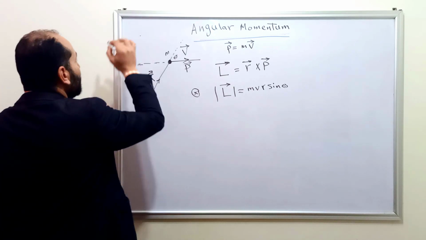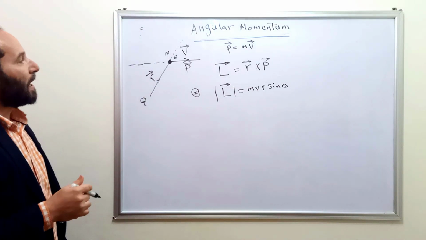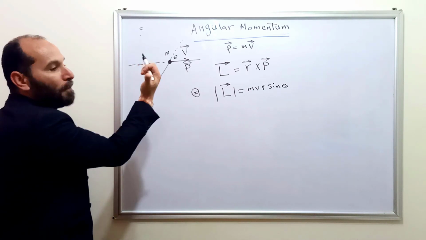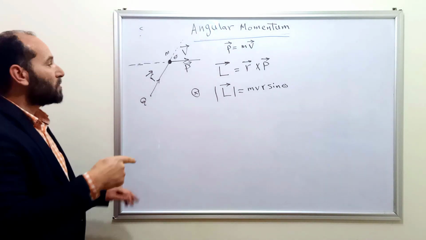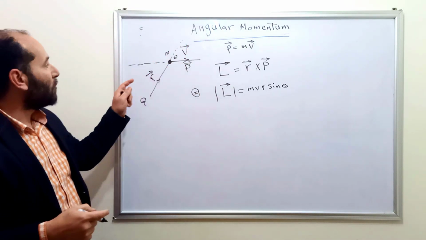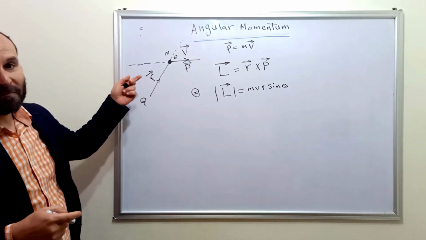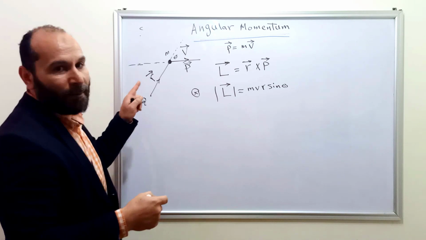If we take point C here, the angular momentum is in the opposite direction of the angular momentum about point Q. So the angular momentum changes from point to point, depending on the point we take angular momentum about.